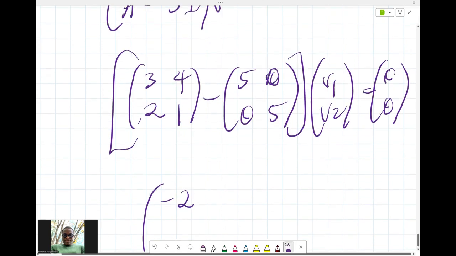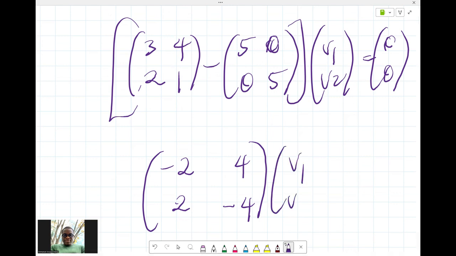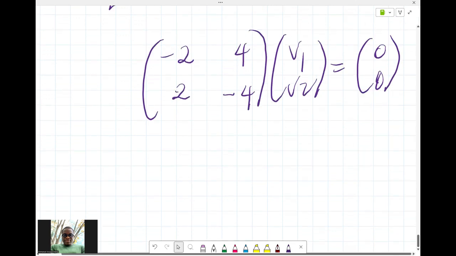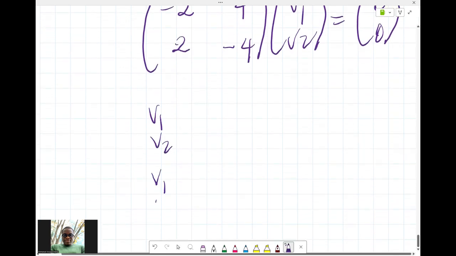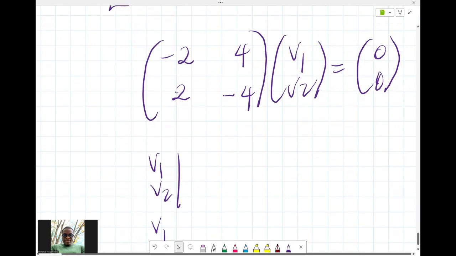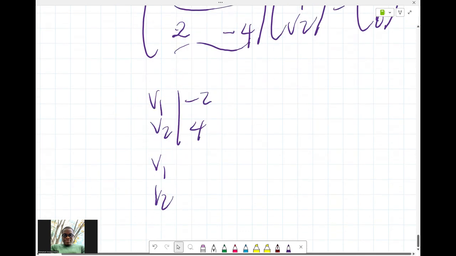So we're looking at 3 minus 5 is minus 2, 4 minus 0 is 4, 2 minus 0 is 2, 1 minus 5 is minus 4, and so v1, v2 equals 0, 0. We're already seeing patterns that are regular. For the first row, we have minus 2, 4, and for the second, we have 2, minus 4.